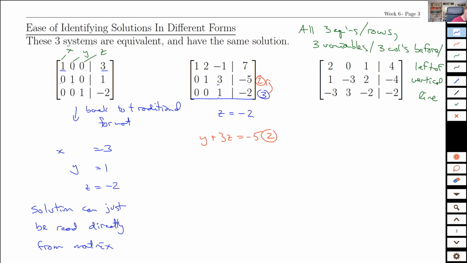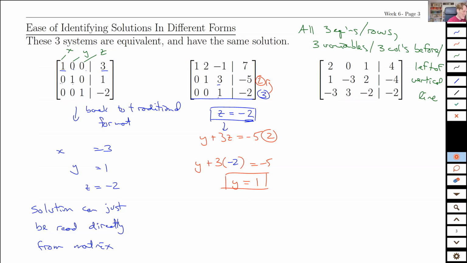But we said that z was -2, so we can put that in for z. So we're going to get y plus 3 times the -2 value for z equals -5, or y equals -5 plus 6, y is equal to 1. And so we get that.